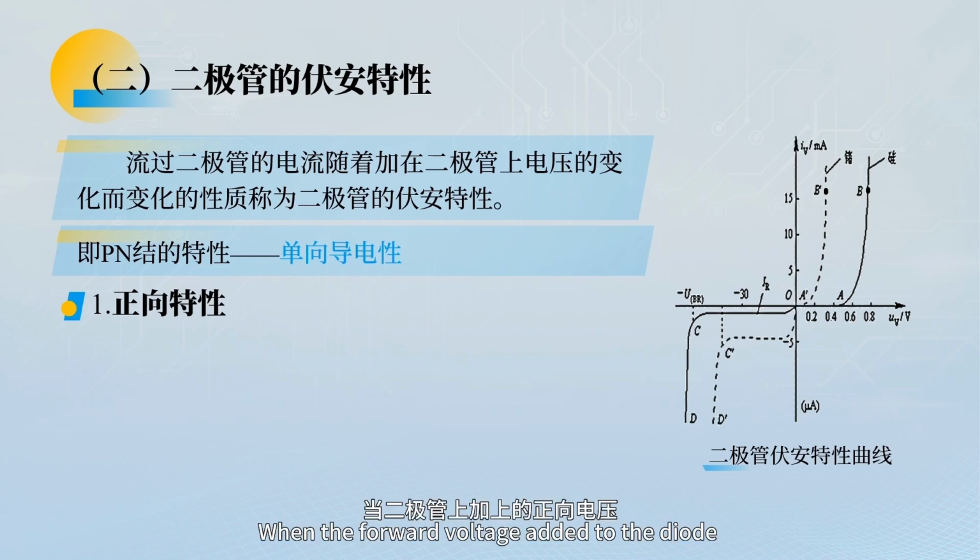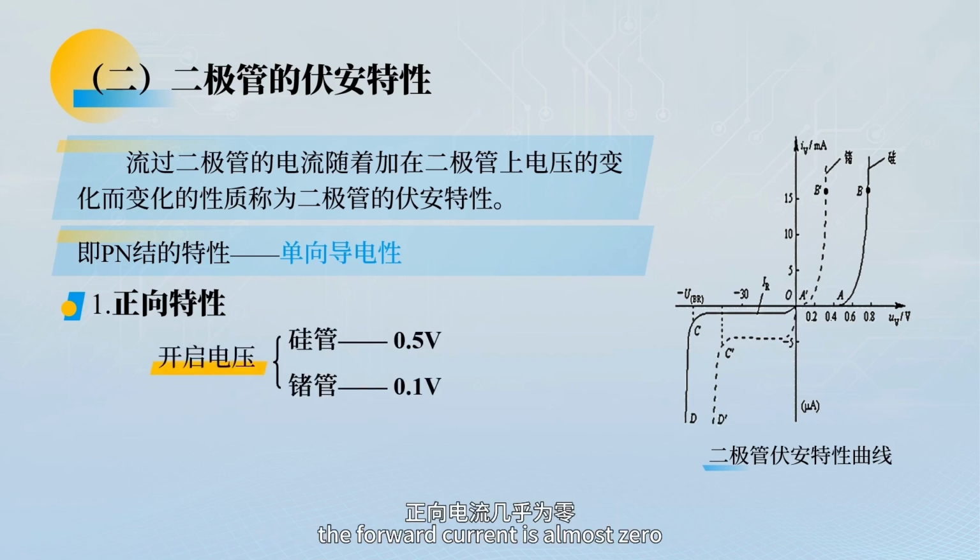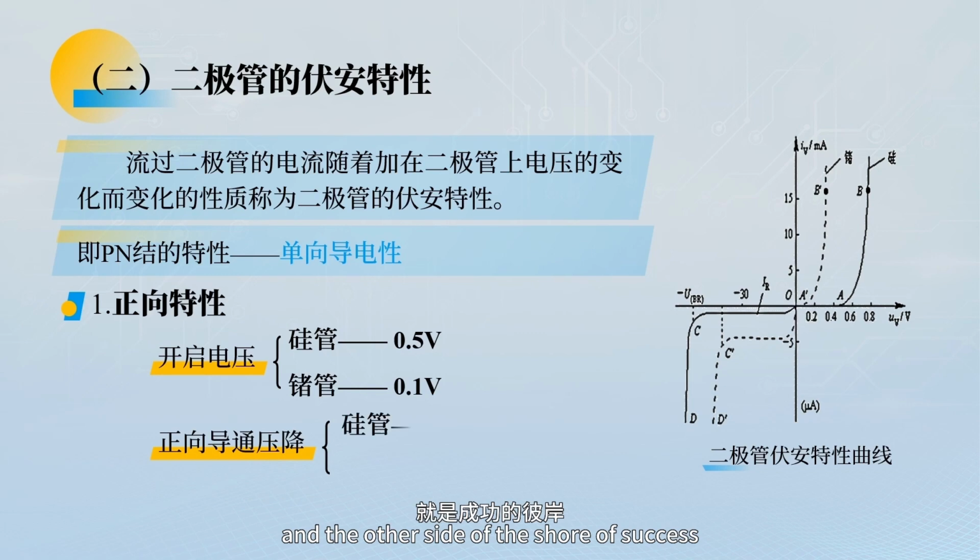When the forward voltage added to the diode is less than a certain value, the forward current is almost zero, and this region is called the dead zone. It's like the darkness before the dawn. After this period, it's the leap from quantitative change to qualitative change, and the other side of the shore of success.